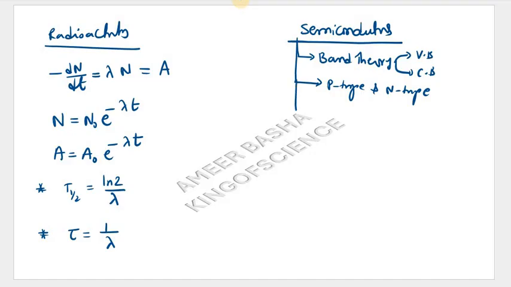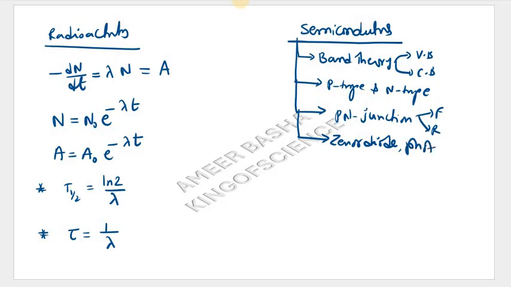After that, you should know the meaning of p-n junction diode, forward bias characteristics, reverse bias characteristics, and importantly there are special diodes, Zener diode, photodiode, LED and all those things. Just simply go through the NCERT book, that is enough.